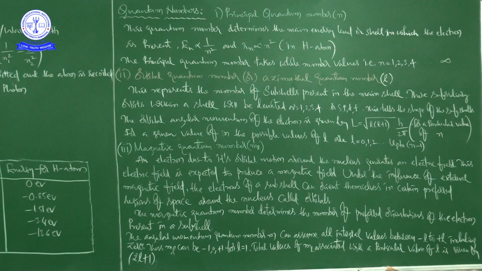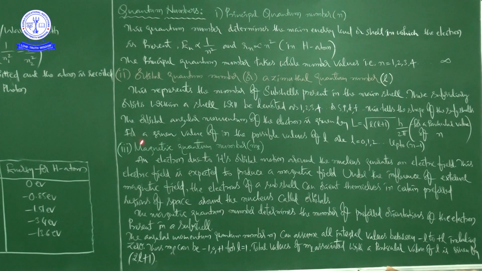Next point, the orbital angular momentum of the electron is given by L is equal to square root of l into l plus 1 into h by 2 pi. This is for a particular value of small n.